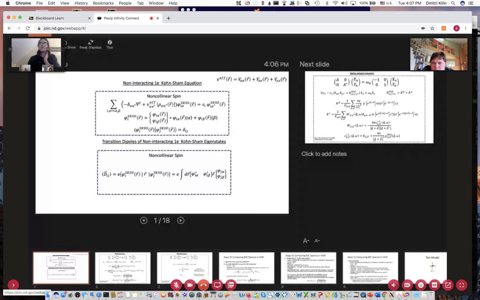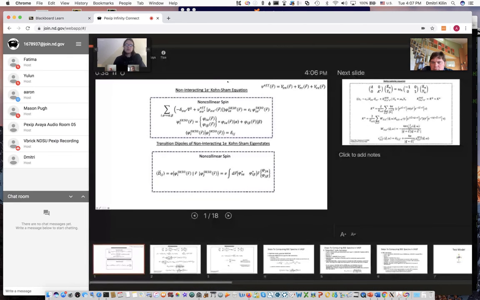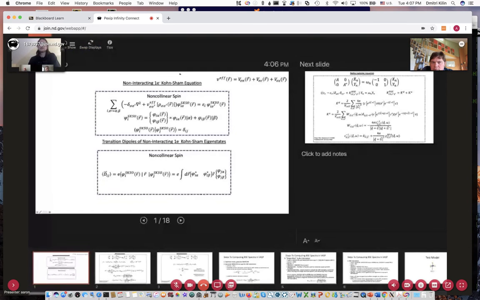For my research, I do a lot of non-collinear, so there are some extra terms in here, but the important things are we get orbitals and energies for the ground state. From those orbitals and energies, we can use transition dipoles and the independent orbital approximation, so we can assume that different orbitals don't interact with each other through Coulomb or other types of interactions.